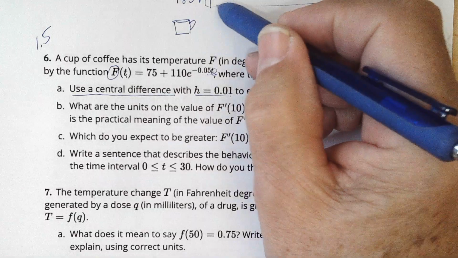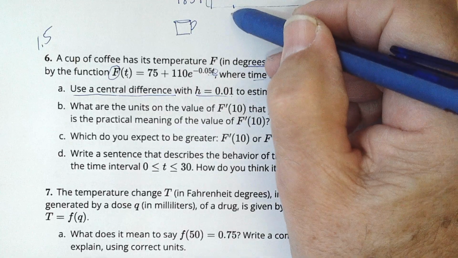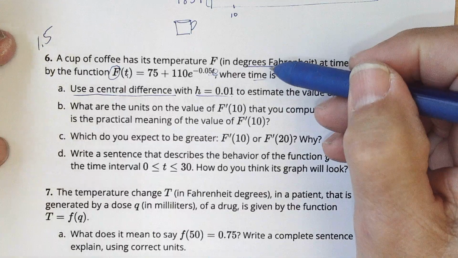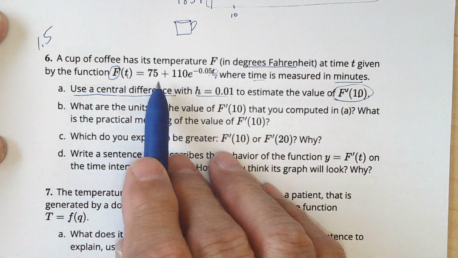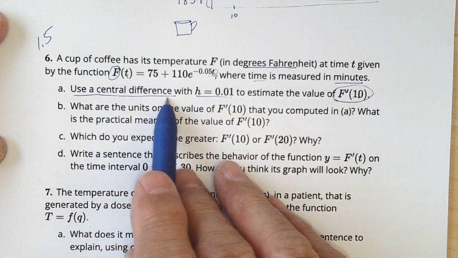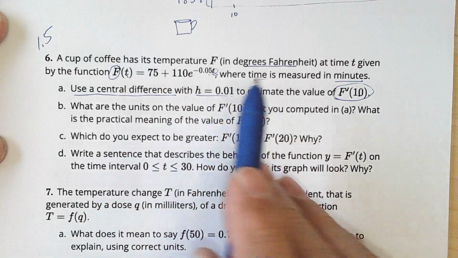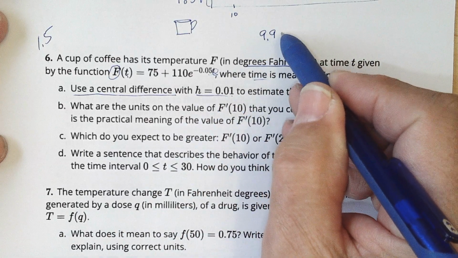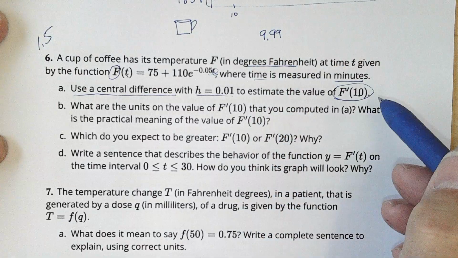So to find out here at 10 minutes, we're trying to find the slope. And to do that, we're not going to find the temperature at 10 minutes. We're going to do it by the central difference theorem. We're going to look 0.01 before that. So we're going to figure it out at 9.99 minutes.